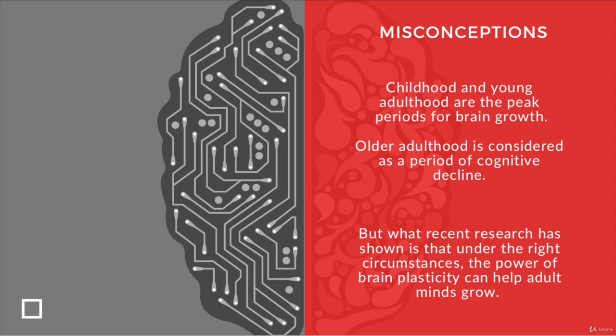But that doesn't mean that they can't form more neurons throughout their lives, because advanced research found out that every single person can have new neurons formed in their brain.